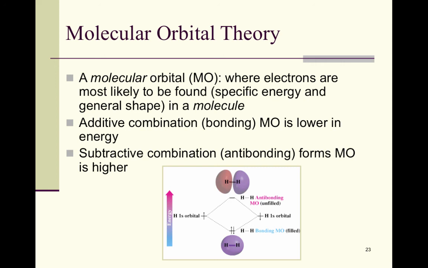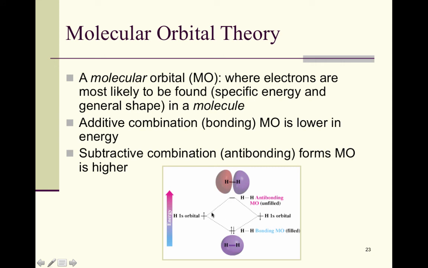What happens is we have additive combination, which is bonding molecular orbital. It's lower in energy than the original energy that they came in with in the first place. So here I have hydrogen, a 1s orbital at this energy. Over here I have another hydrogen 1s at this energy, and when these two come together, when they bond, if this is a lower energy than what started, then that means it's a bonding orbital.